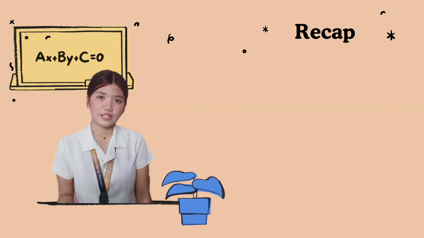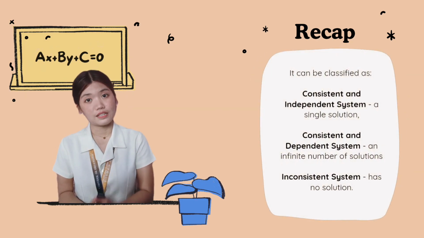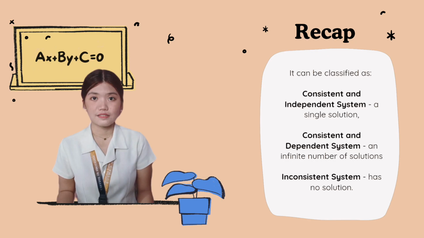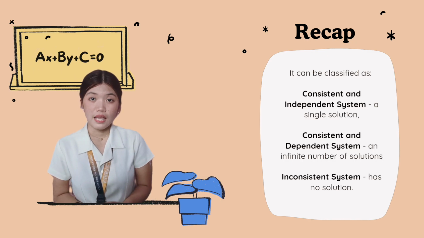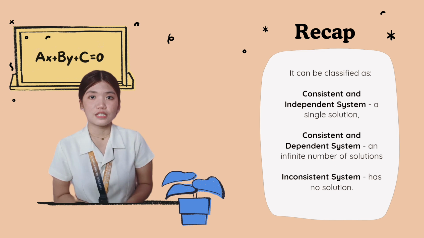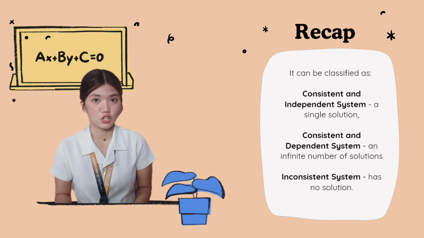So systems of linear equations can be classified as consistent and independent if it has a single solution, consistent and dependent if it has an infinite number of solutions, or inconsistent if it has no solution.